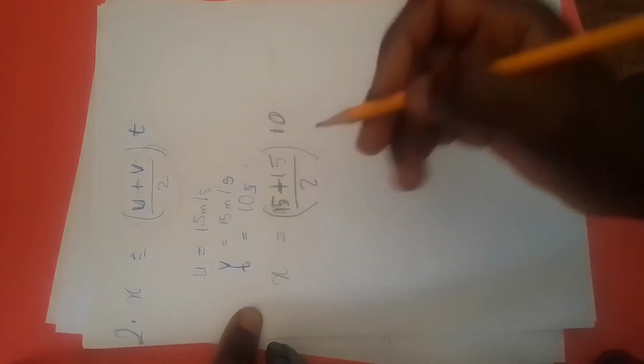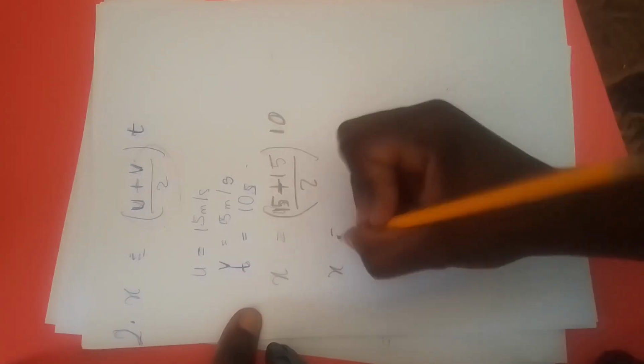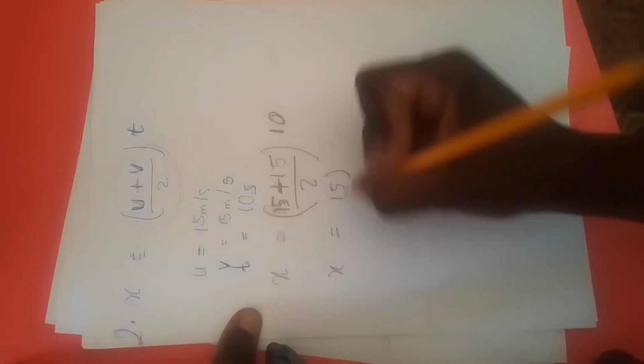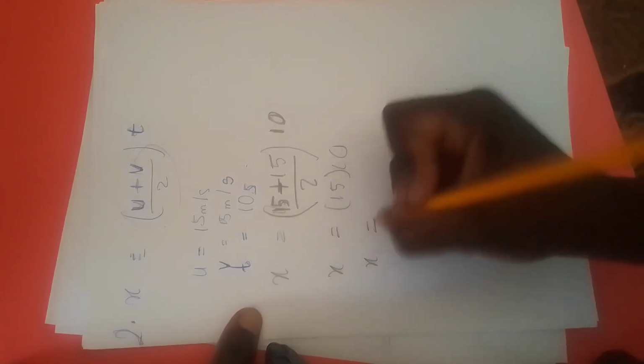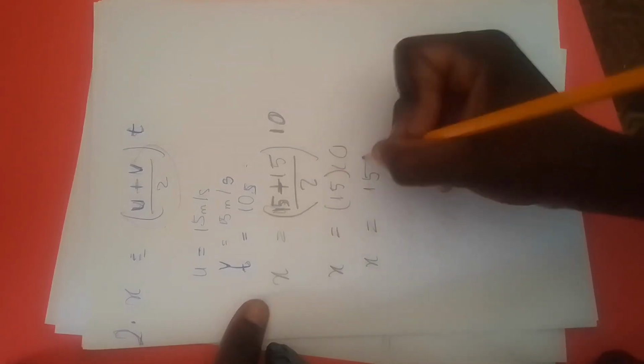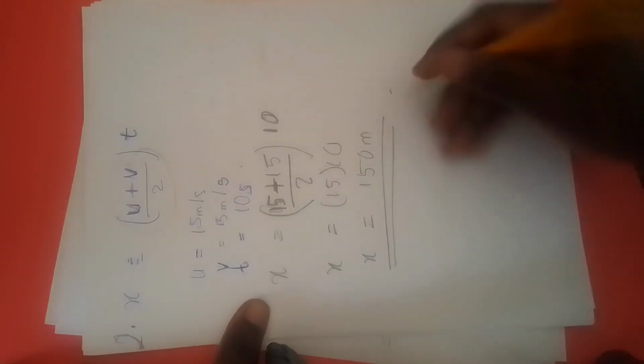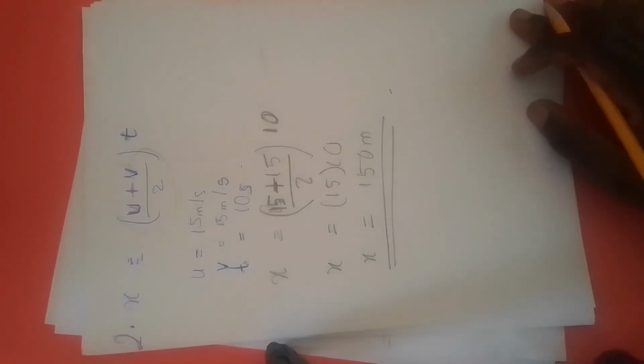Without wasting time, x is equal to 15 times 10. So x is going to be 150 meters. This body is going to travel 150 meters in the 10 seconds it was moving.